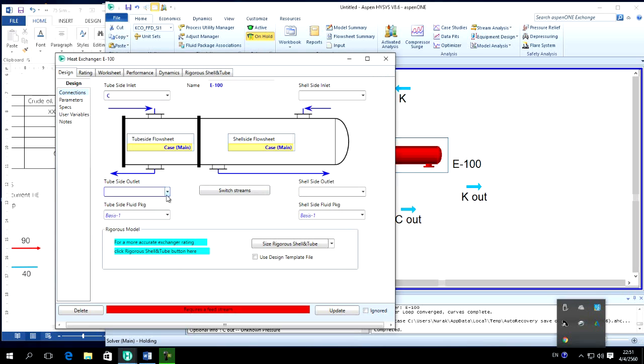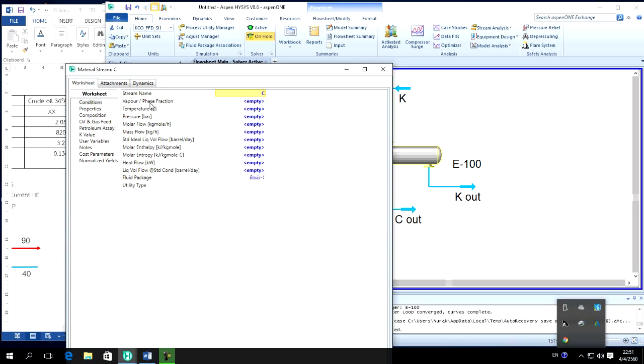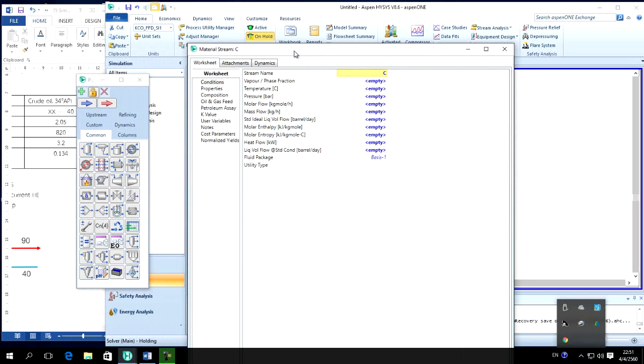I can scroll down, and also the kerosene in and kerosene out. Then I have to complete the input information for the crude oil.